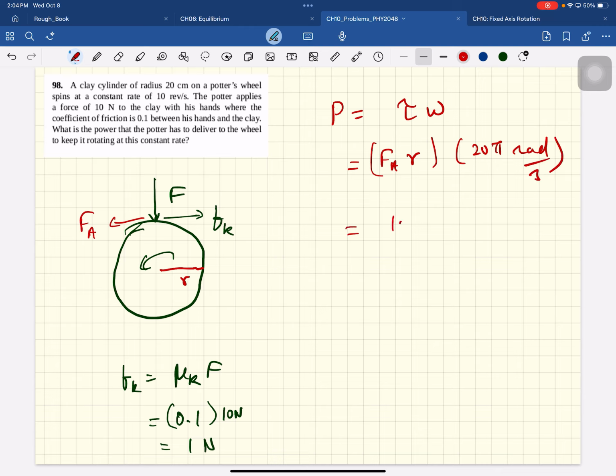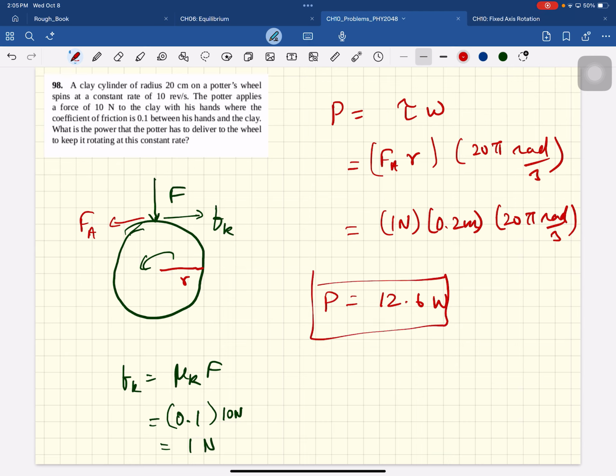So 1 newton times 0.2 meters times 20 pi. That's the power of the potter's wheel. Power is in watts, so 12 watts.